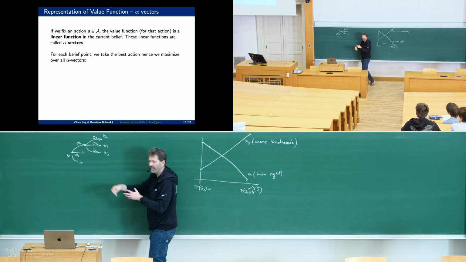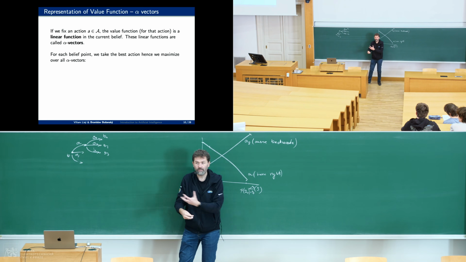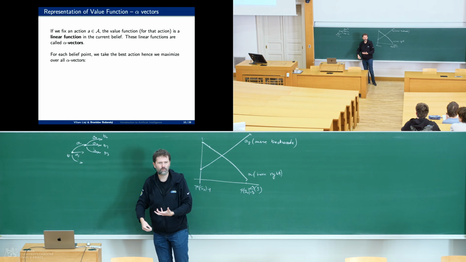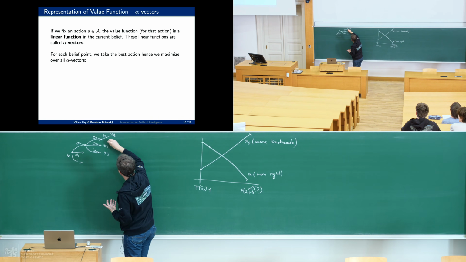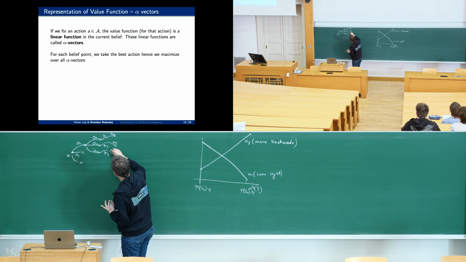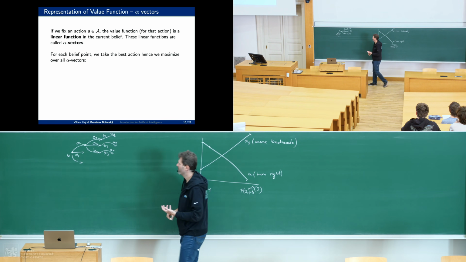And in these new belief points, I can continue in some other way. So for example, in here, I can choose action A4. In here, I can choose action A5. In here, I can choose action A7 and so on, right?